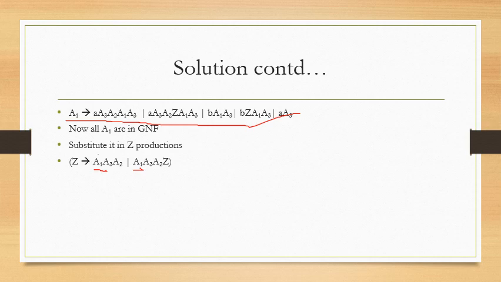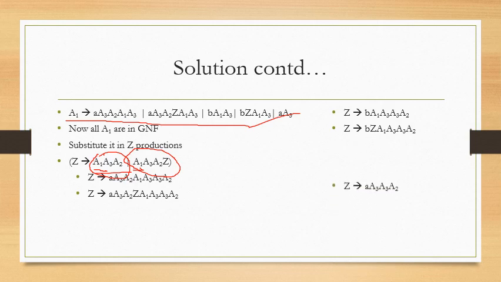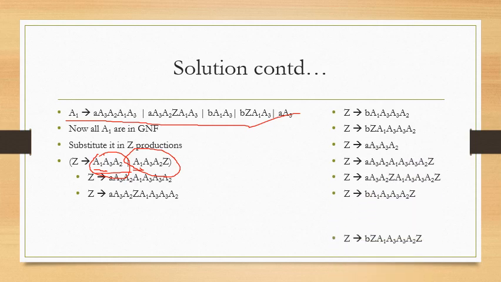So how many productions will we have on the whole? When I substitute for A1, we get 1, 2, 3, 4 and 5 productions for this first term, and for this production we'll have the same substitution again, so again 5 productions. On the whole Z will have 10 productions. You just have to do the substitution, similarly for the productions with Z at the end.